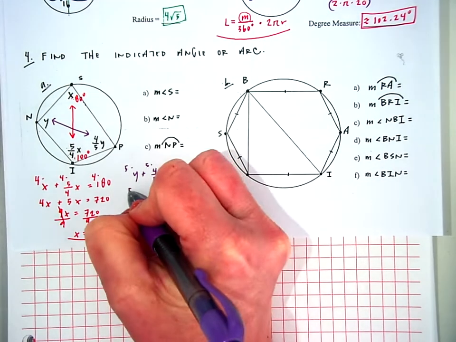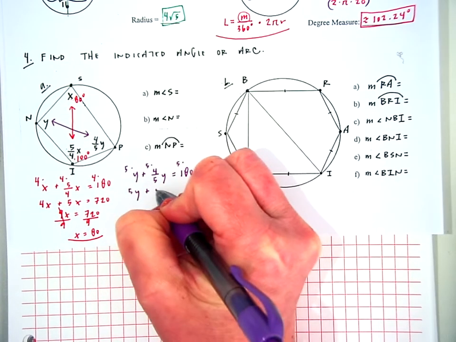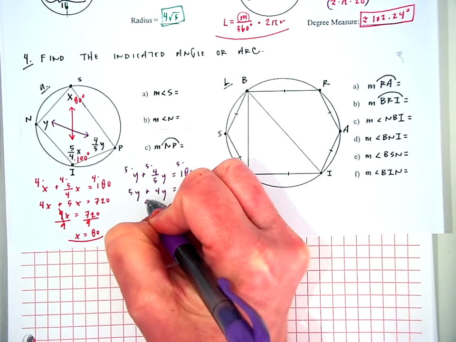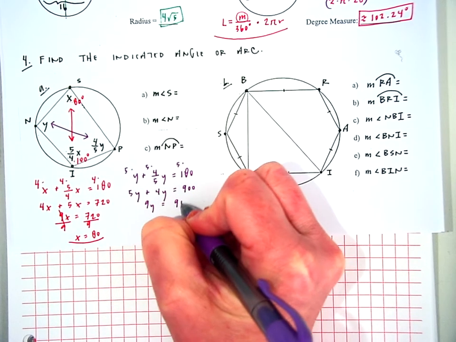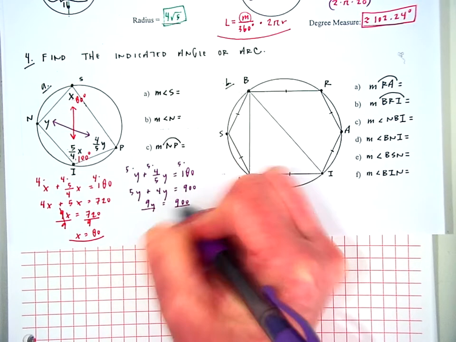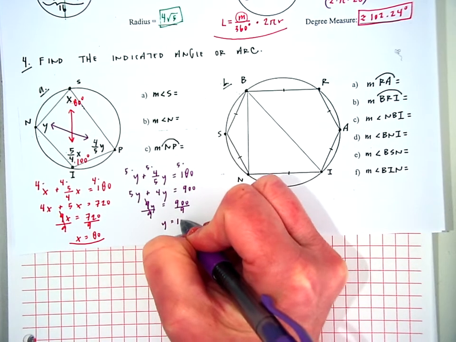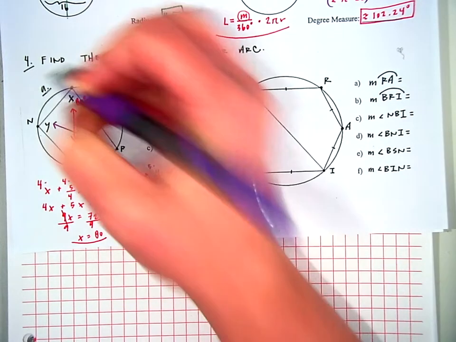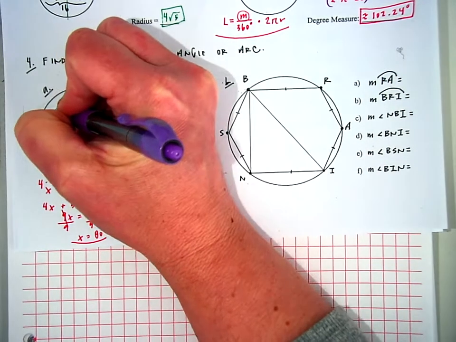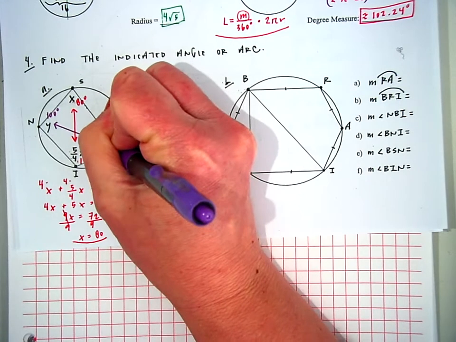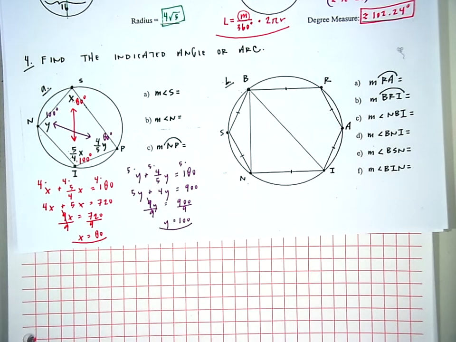So now I have 5y plus 4y equals 900. 9y equals 900. Okay, divide each side by 9, and y equals 100. So right here, this is 100. And 4/5 of 100 is going to be 80. So 80 degrees right there.